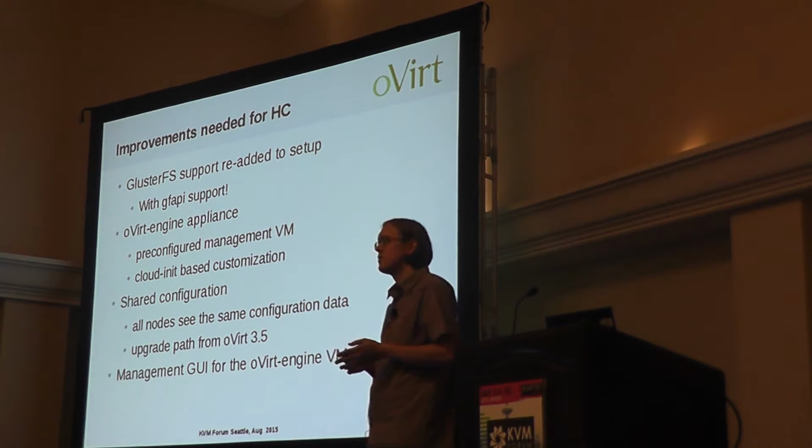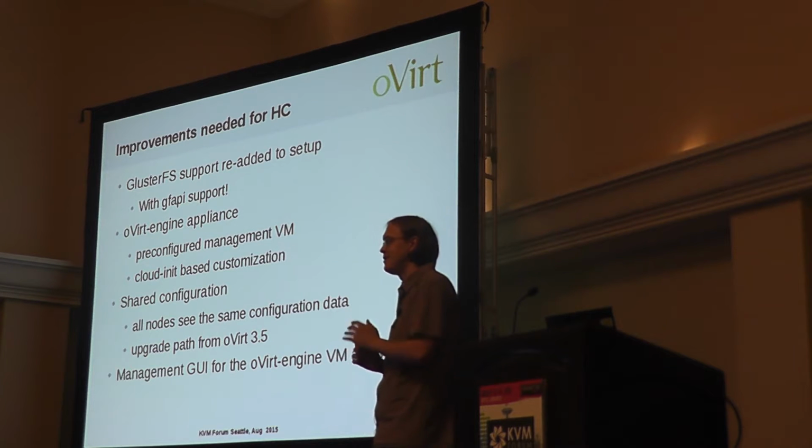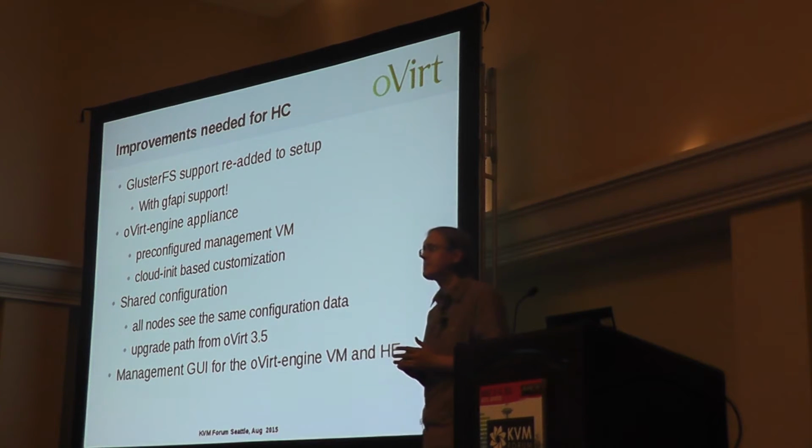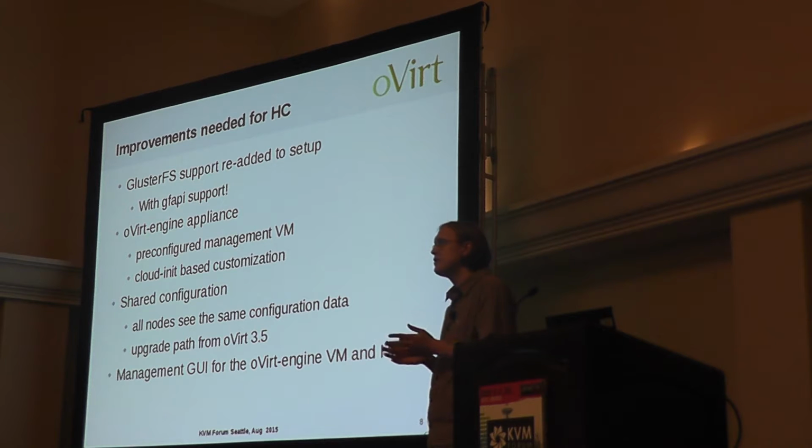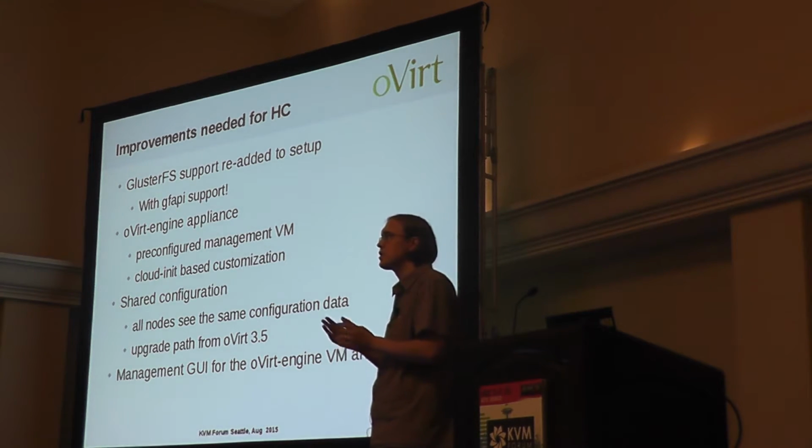It's also used for oVirt 3.5 to 3.6 upgrade, or when we introduce that. It's supposed to be there, but I'll tell you the situation in a second. So basically, we will use the old configuration, or if it's there, we'll use the shared configuration. And what we do is we actually copy the shared configuration every hour or so.